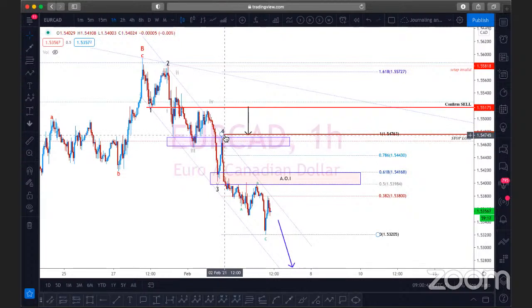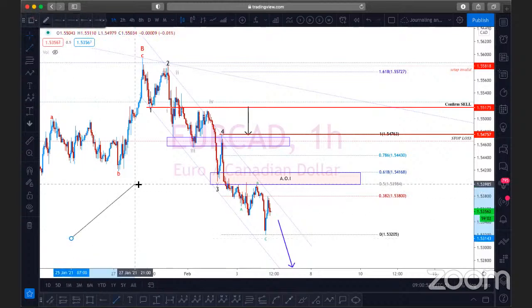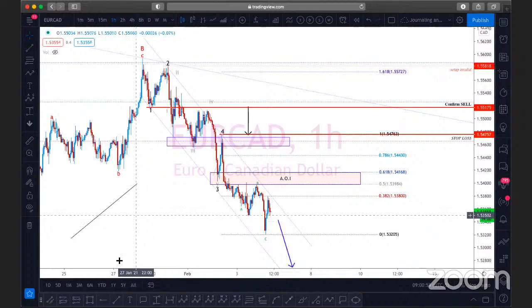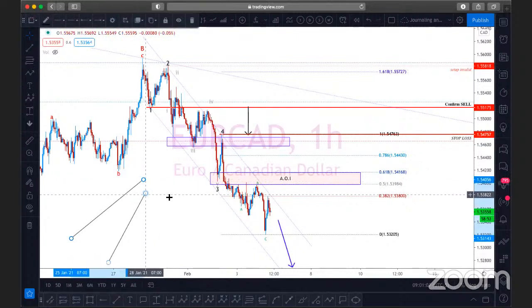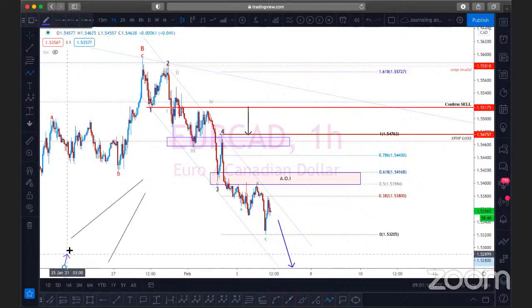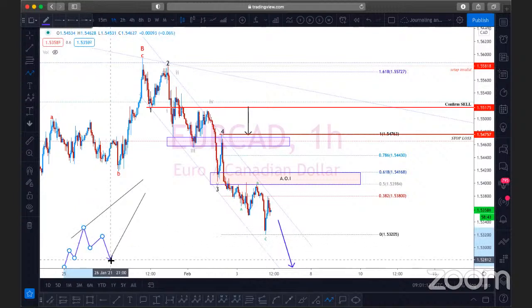What we have potentially taking place here now is an ending diagonal for wave 5. Now, based on wave guidelines, let me just draw it right here for you guys, how an ending diagonal would generally unfold. Right, so this is pretty much the basic tenets of an ending diagonal. How the wave counts are, you have 1, 2, 3 waves up, 1, 2, 3 waves down.